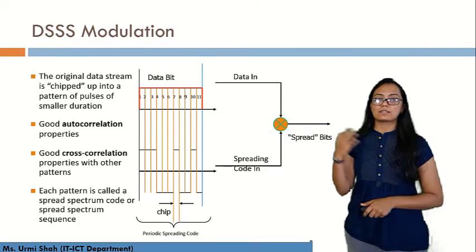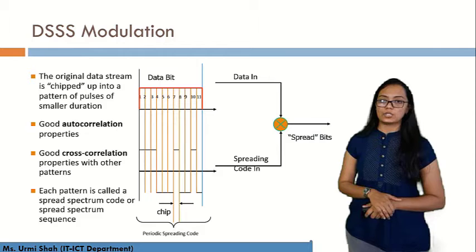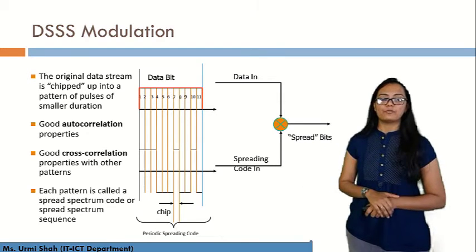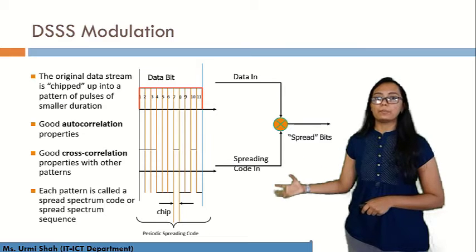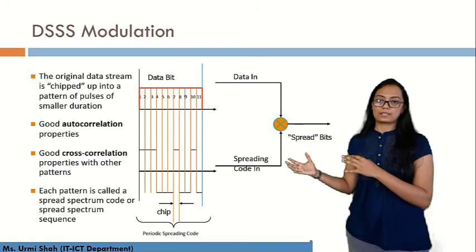Basically this is the diagram for the DSSS modulation scheme. Your data bits are input as data input, which will be multiplied with the spreading code input, and further it will produce the spread bits.